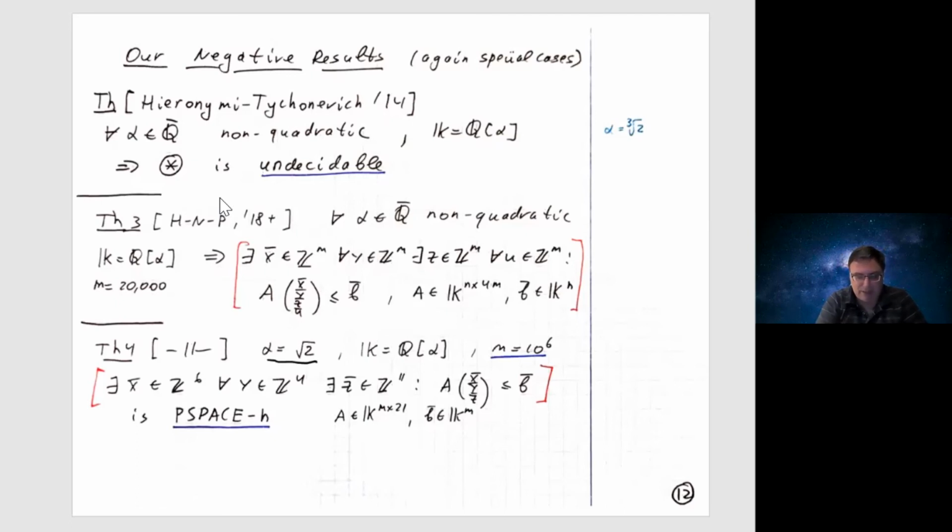What we're saying is that if you have 3 quantifiers, then this decision problem is PSPACE-hard, where M is rather large. M is 1,000,000. Our calculation gives a little smaller, but roughly 1,000,000.